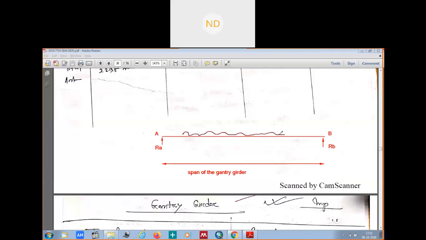This is the UDL on the gantry girder, the self weight of the gantry girder, plus we will have our rail section.